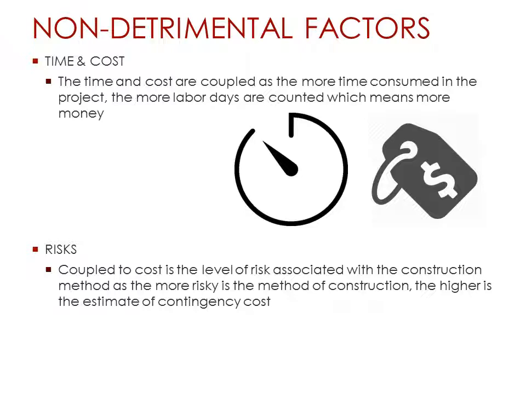That takes us to non-detrimental factors. A non-detrimental factor is anything that is relative, anything that covers issues of favorability. So time and cost. Of course, all of us know that they are coupled. And again, here it's an issue of favorability. I mean, whether time and cost are more important or the level of risk is more important.